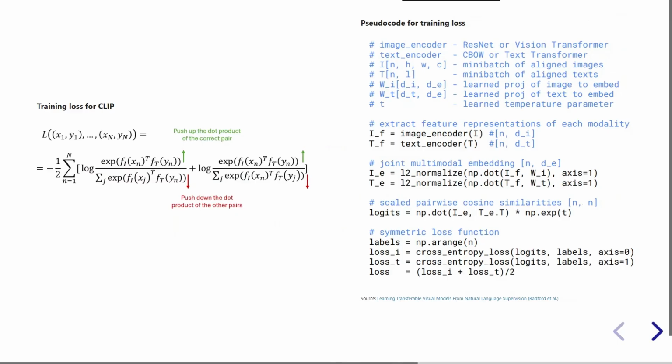What's interesting to notice, and this is taken from the original paper, is that in order to compute this, we can simply use a cross entropy loss, as you can see in the bottom part here, between the logits and the labels. And then we can simply compute the average between these two.